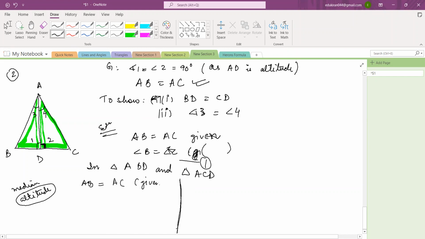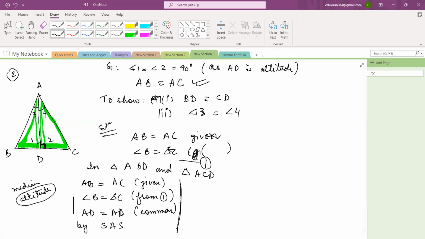Angle B is equal to angle C, which we have shown from 1. And one side is common, AD is equal to AD. Which criteria does it become? Side, angle, side. So by SAS, they are congruent.